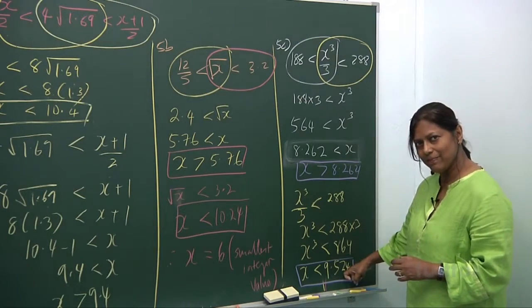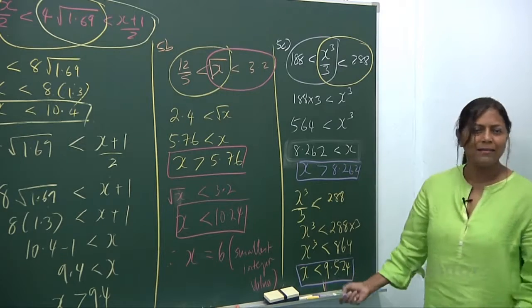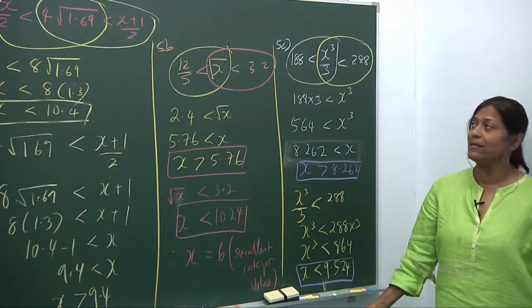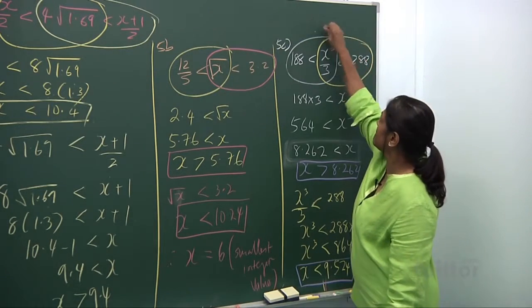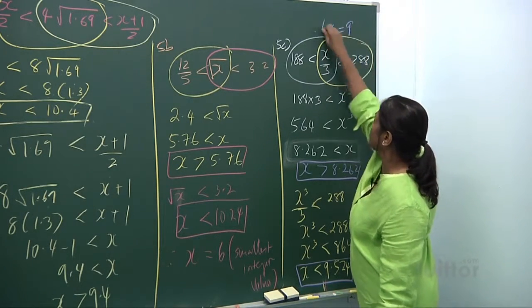What do you think it is? 9. That's the only answer that satisfies it. Therefore, x is equal to 9. They want an integer value.